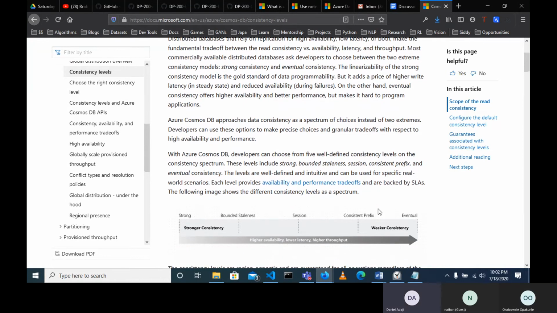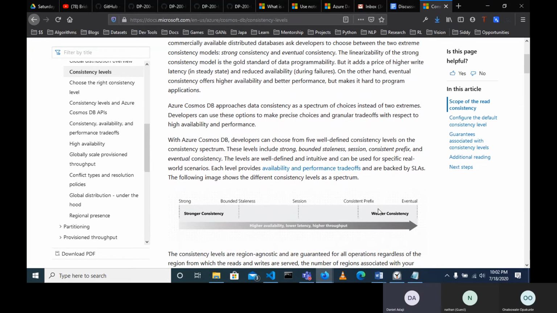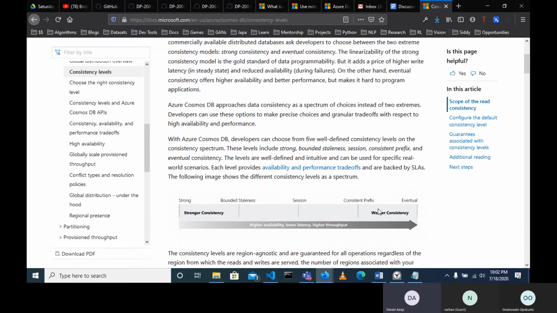Yeah. So I think this portion of the exam is really core. I believe it's one concept Microsoft would want users of this technology to really understand.